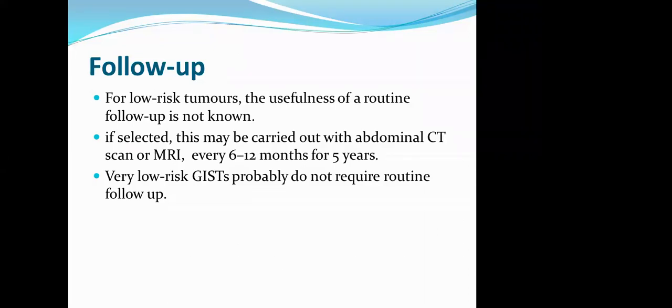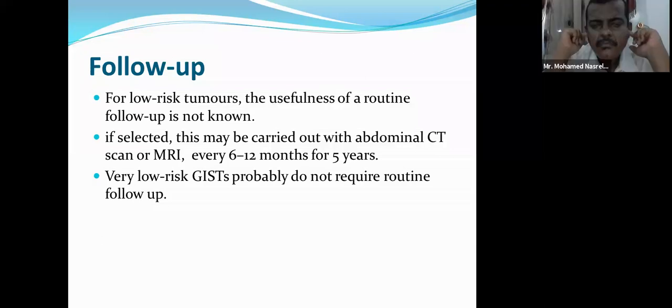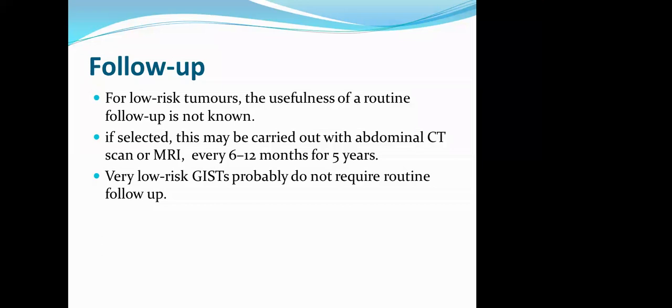The other point is that what revolutionized the management of GIST is imatinib. We found this chemotherapy very effective as a neoadjuvant for big masses, or, as Mohamed said, for metastasis. Even for downstaging, most of those masses can be operated on comfortably after 3 months of neoadjuvant treatment.